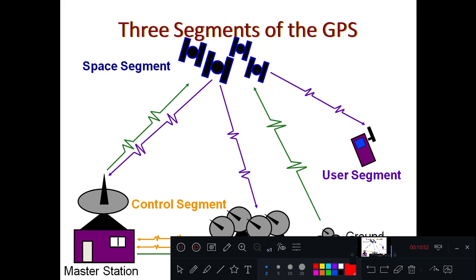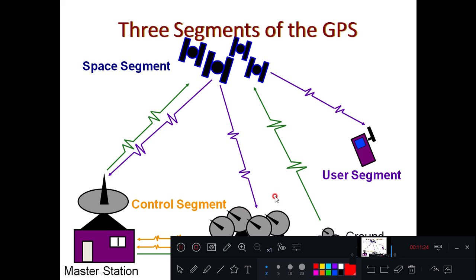Then how does this GPS work? There are three segments of the GPS: the space segment, the control segment, and the user segment. These three segments are very important. The space segment sends information from space to the control segment, the receiving stations on the ground.